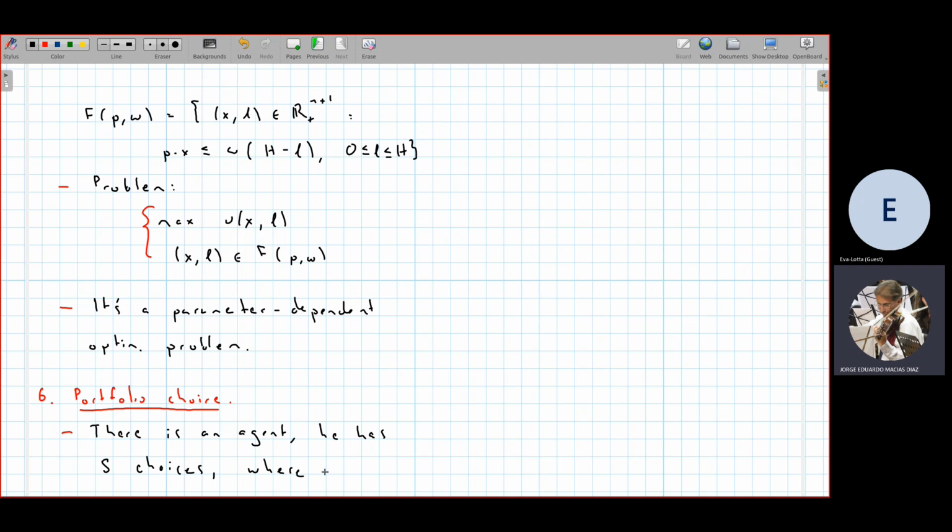Okay, and in this case, S is a natural number, right? Okay, one of these choices is going to be called the true state or current state.